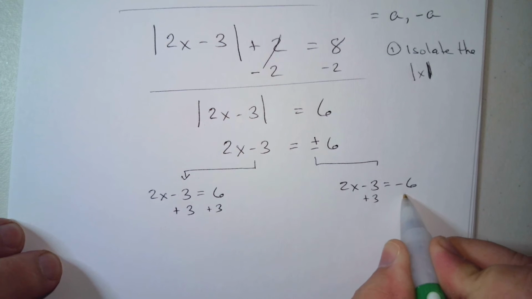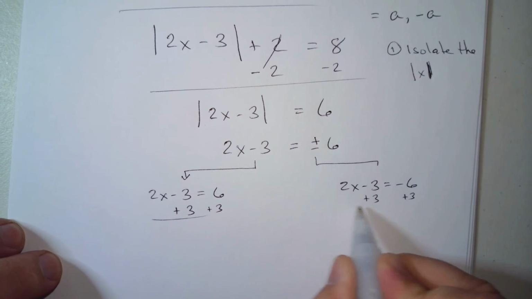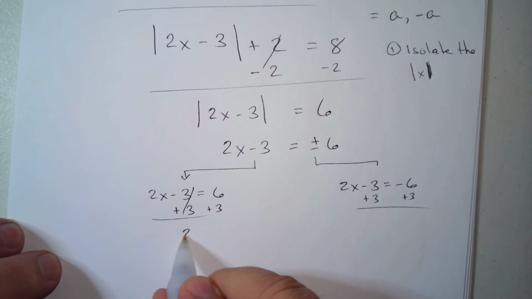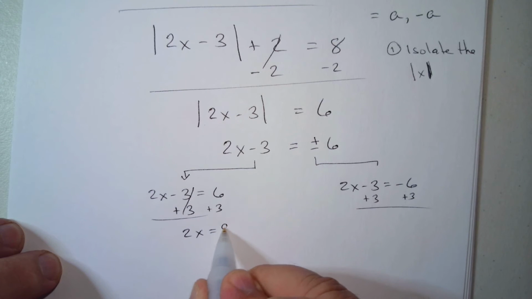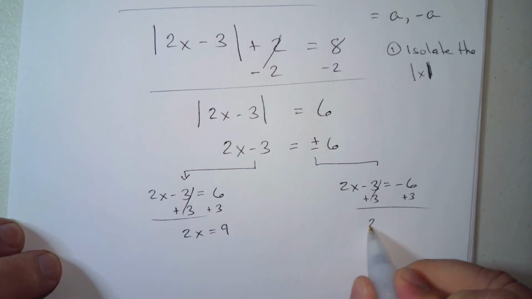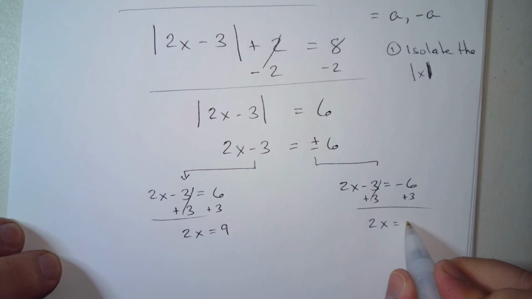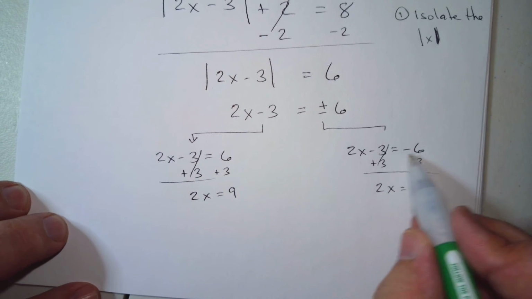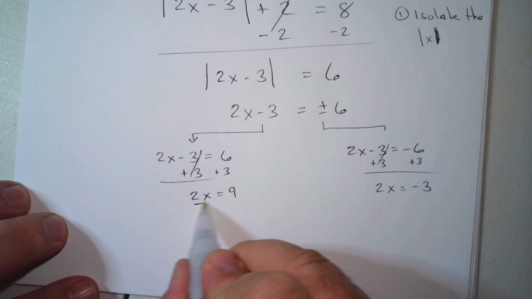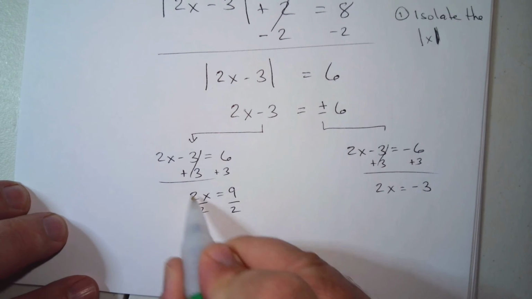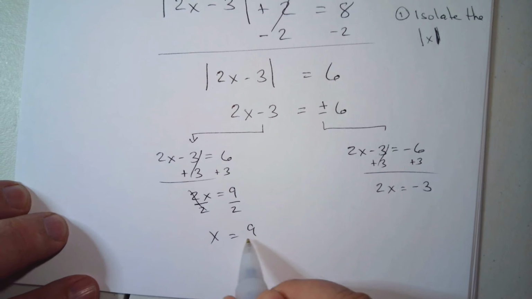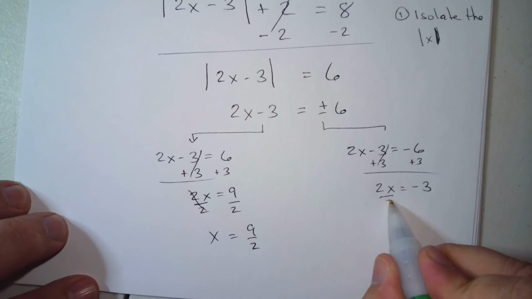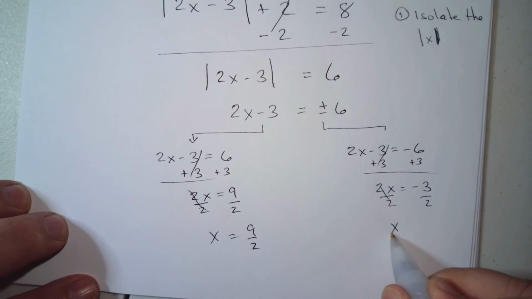Solve for x, so add 3 to both sides of both equations. So 3's cancel. 3 plus 6 is 9. -3 plus 6 is 3. Divide by 2. So x is equal to 9/2, and x is equal to 3/2.